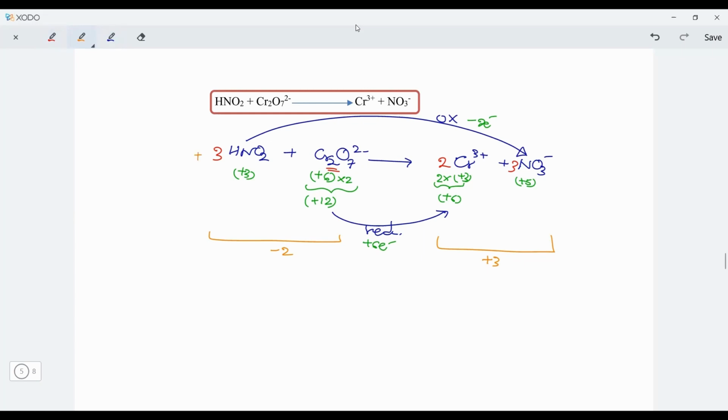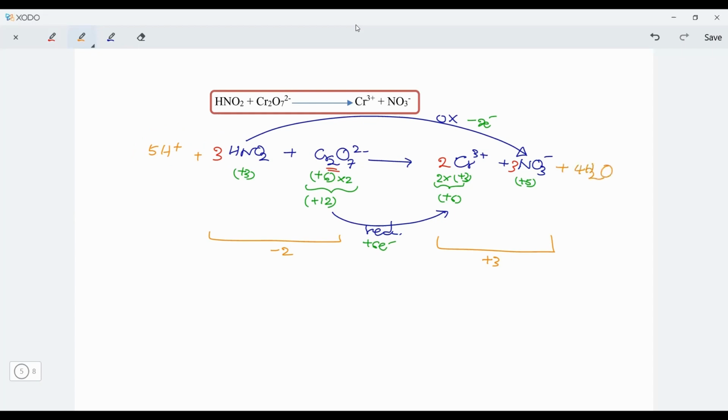To cancel minus 2, 2 H plus ions, and to make it equal to plus 3, another 3 H plus ions. So altogether you have to add 5 H plus ions on this side. And then by considering all hydrogen, here you have 3 and here you have 5, there are 8 hydrogen, so you must add 4 water molecules to the next side.